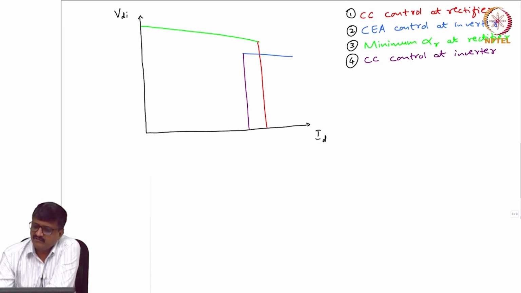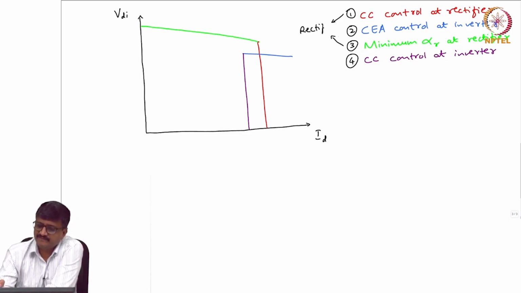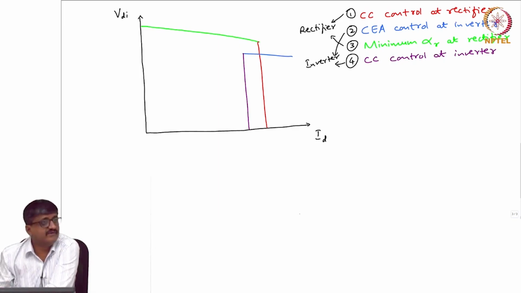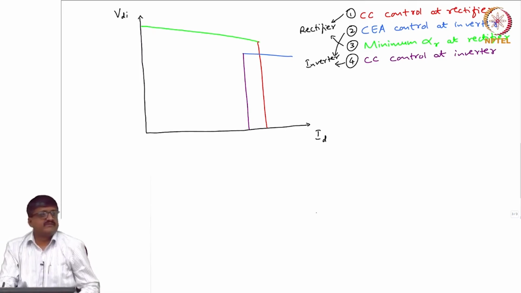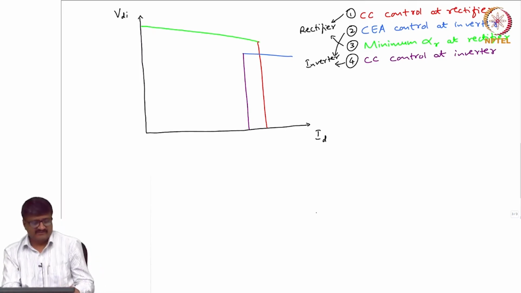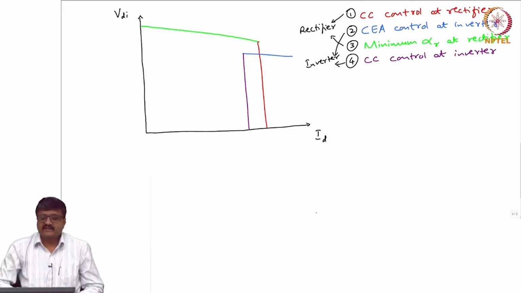Now among these 4, 1 and 3 are for the rectifier, whereas 2 and 4 are for the inverter. Now when the system is operating normally, the intersection of the blue line and the red line gives the point of operation.